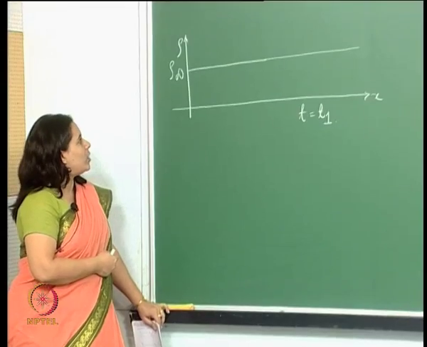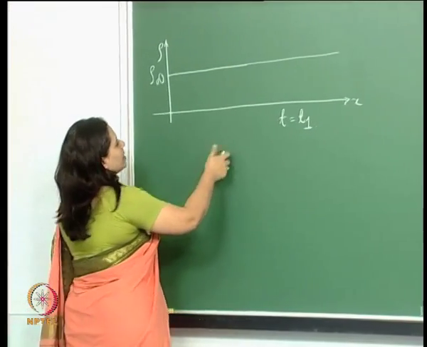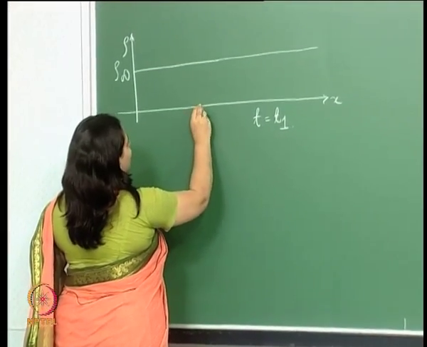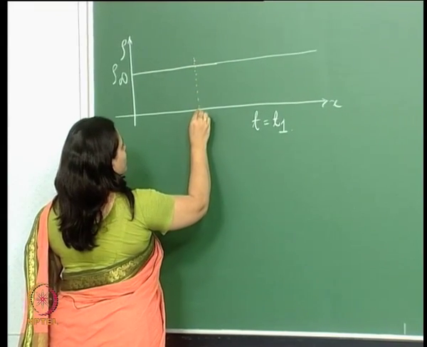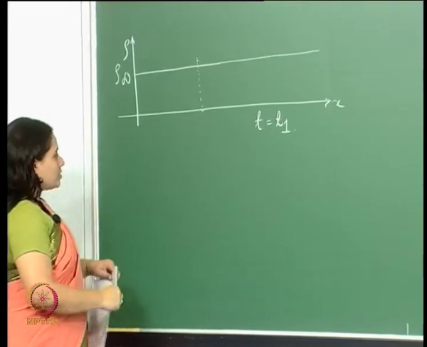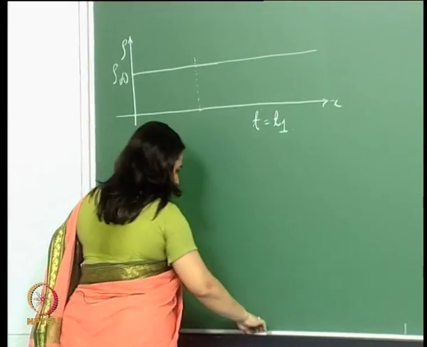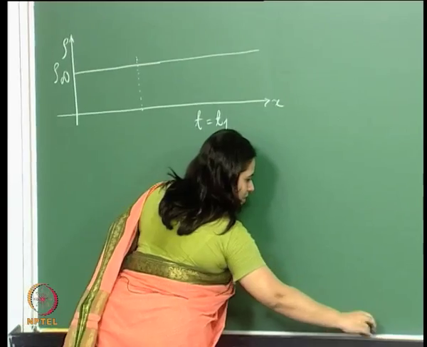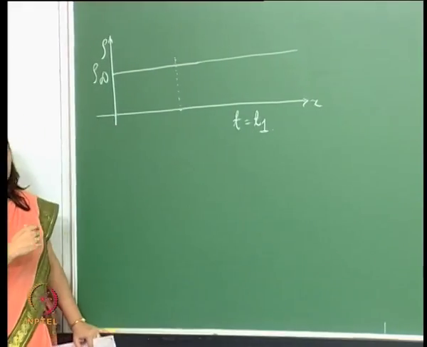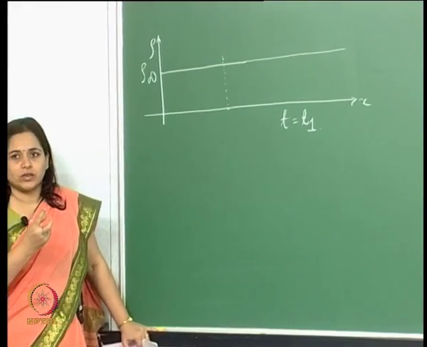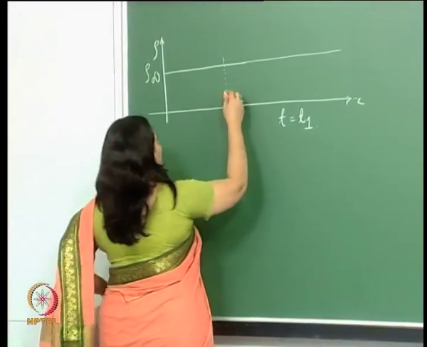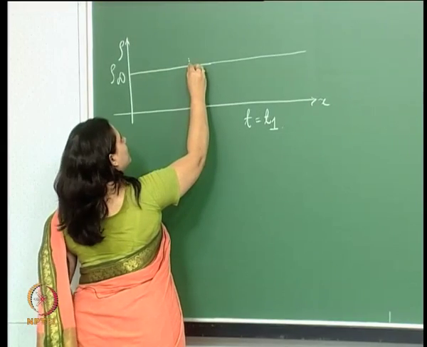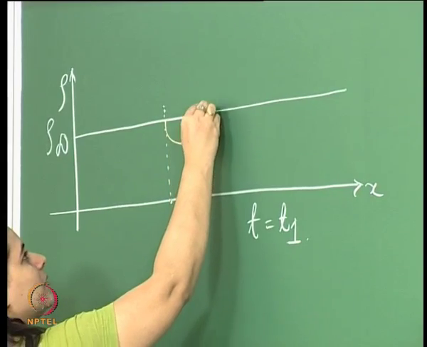And now, what I do is suddenly, at some instant of time, at some x, say at this point x, I give this ambient density a certain disturbance. What is that? It is a small disturbance. So, if I do that, let us say it is something like this.